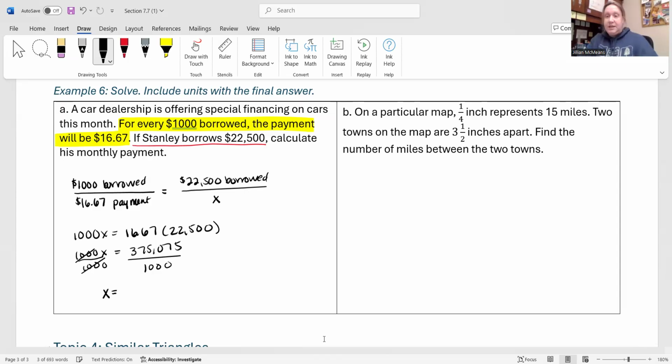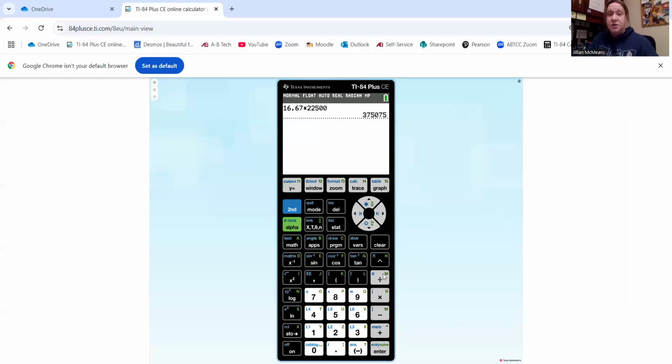And then we want to take that 375,075 and divide it by 1,000. Hopefully you can kind of divide by 1,000 in your head, but if not, let's go to the calculator. So we're going to take this previous answer and divide it by 1,000. And we get that Stanley's payment would be 375.075. So let's talk about that for just a moment.